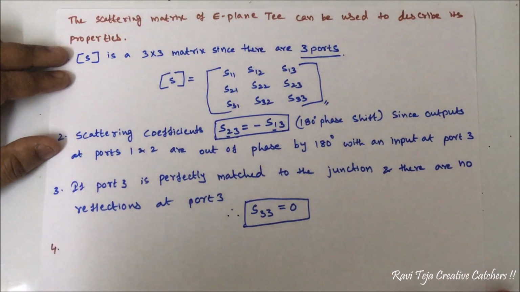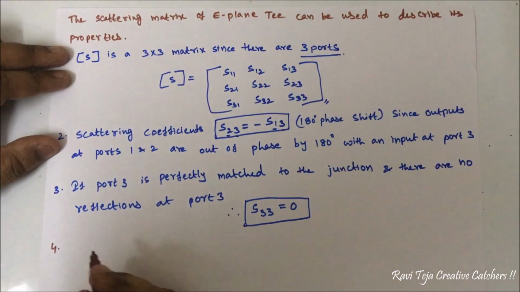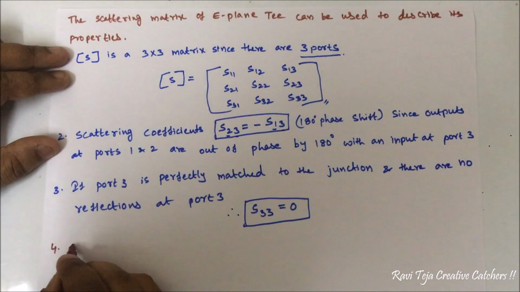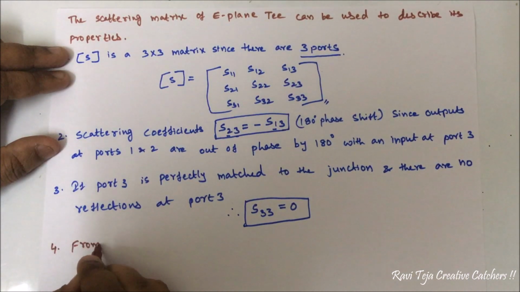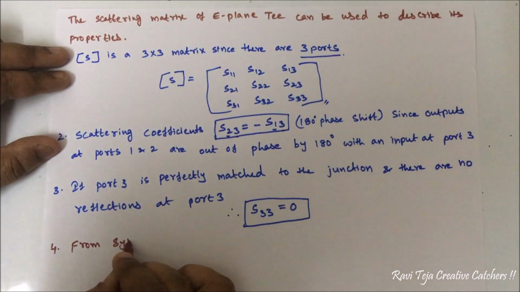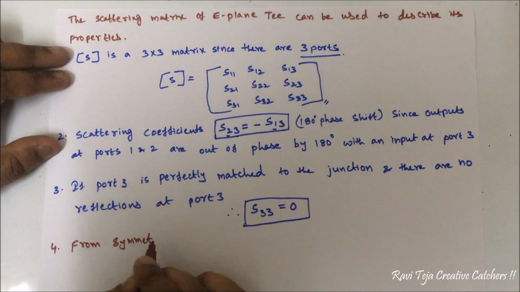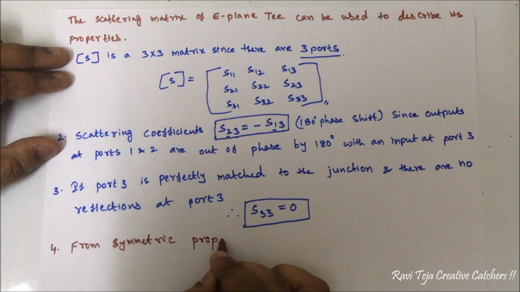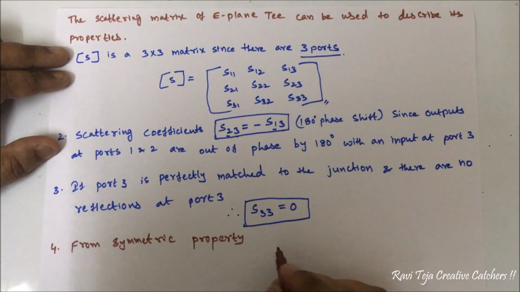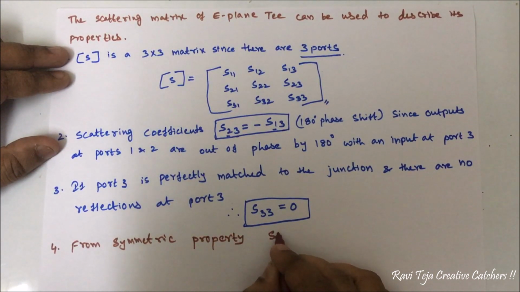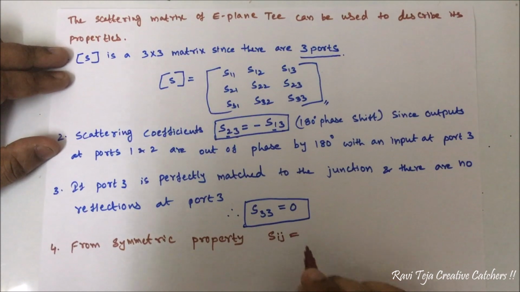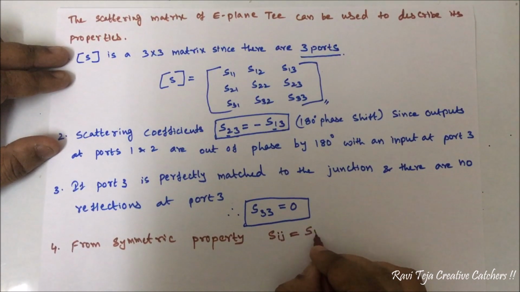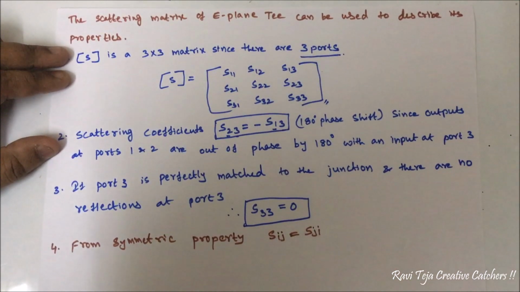Coming to the fourth point, we have the symmetric property. From the symmetric property, Sij is equal to Sji.